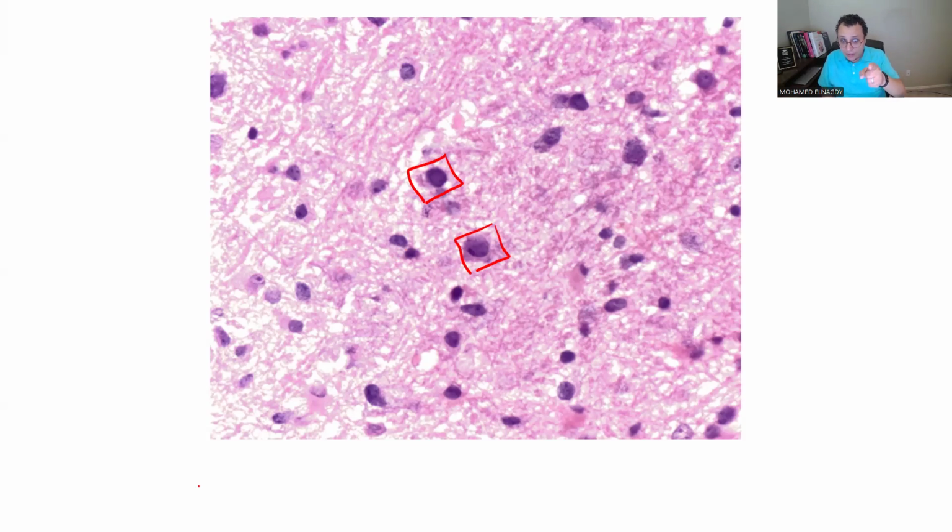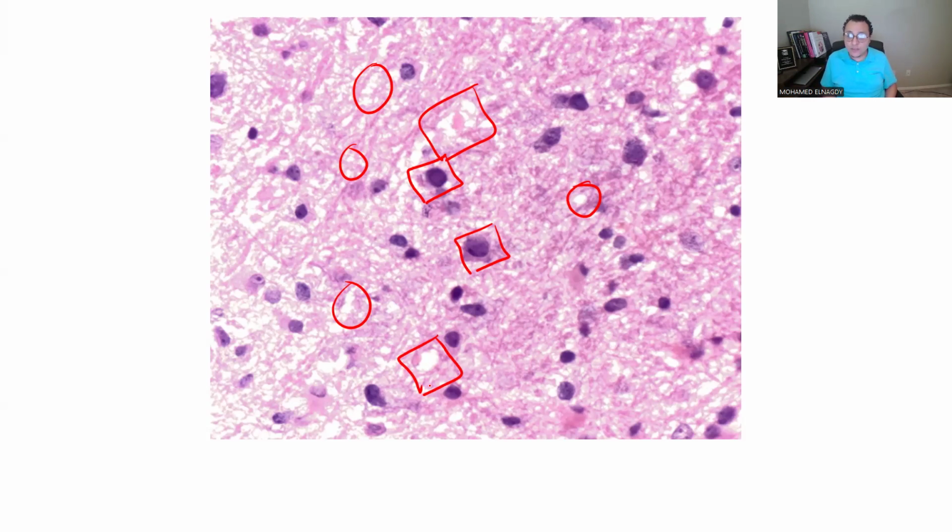But here, if you look at the background, what do you see? Do you see these cavitations or cystic spaces, or just cavities? See how the background is degenerated. Can you see this in the background? Yes. This is kind of neurodegeneration happening in the brain parenchyma, and this is a kind of demyelination injury.